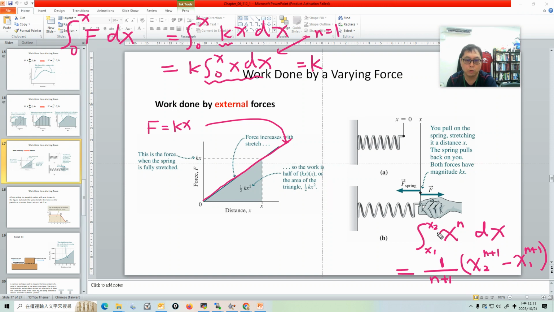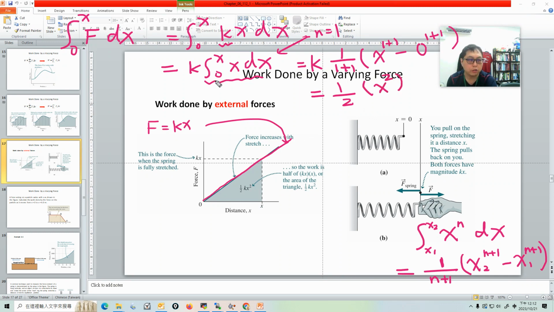So n is equal to 1, and the integration of x with respect to x is 1 over n plus 1, and x2 is x, so it's x to the 1 plus 1 minus the initial position x1. The initial position here is 0, so 0 to the 1 plus 1. After all, you will get 1 over 2 x squared.